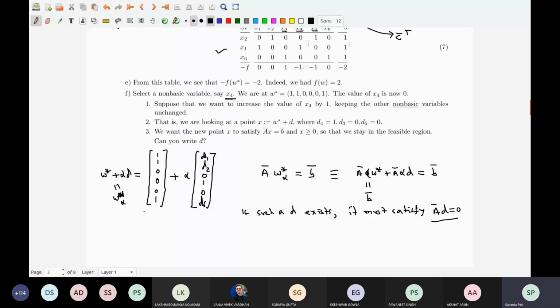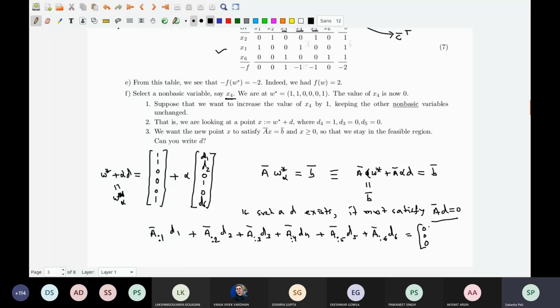A bar first column multiplied by D1 plus A bar second column multiplied by D2 plus A bar third column multiplied by D3 plus A bar fourth column multiplied by D4 plus A bar fifth column multiplied by D5 plus sixth column of A bar multiplied by D6, and you should get the vector 0 0 0.